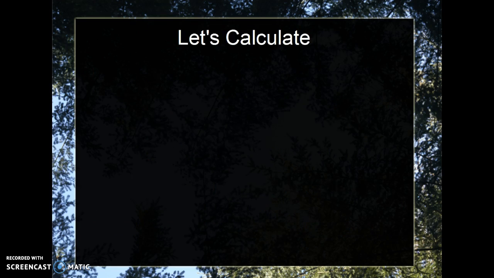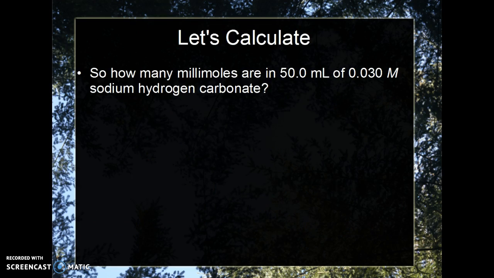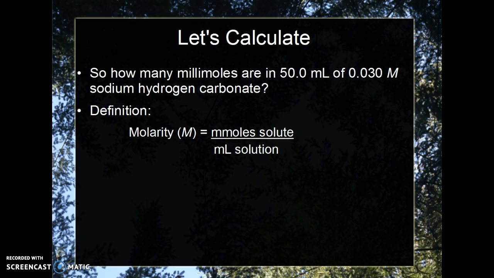So let's calculate from that to find how many millimoles are in 50.0 milliliters of the 0.030 molar sodium hydrogen carbonate solution. Now the definition of molarity using millimoles is millimoles of solute divided by the milliliters of solution that contain those millimoles of solute.